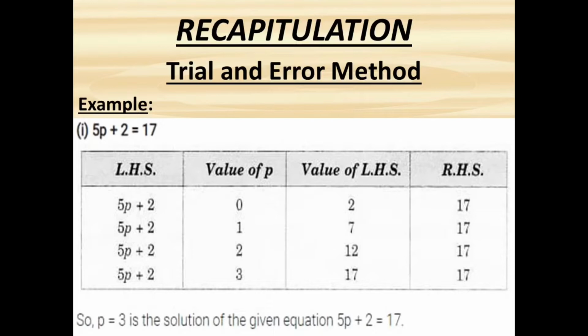Now students, here we are getting our LHS and RHS the same, so we will stop here, and p equals 3 is the solution of the given equation 5p plus 2 equals 17. Hopefully it is also clear to you.